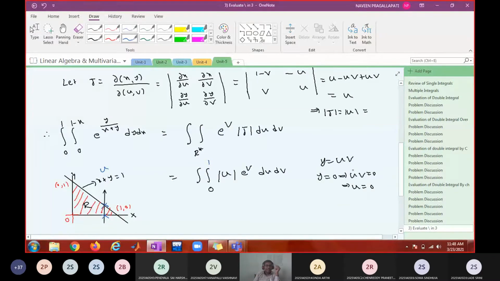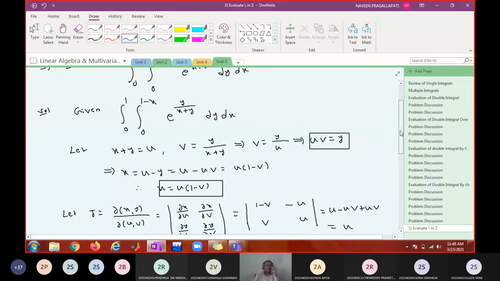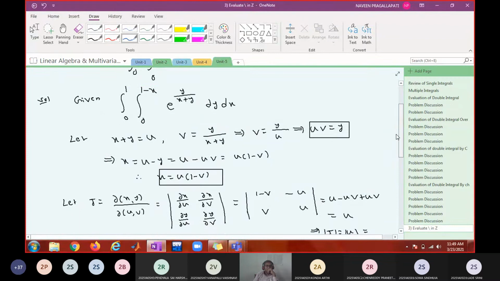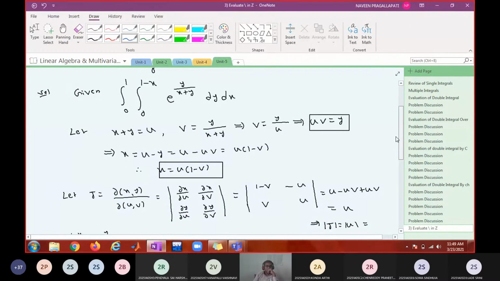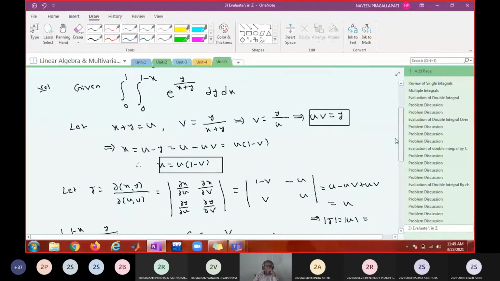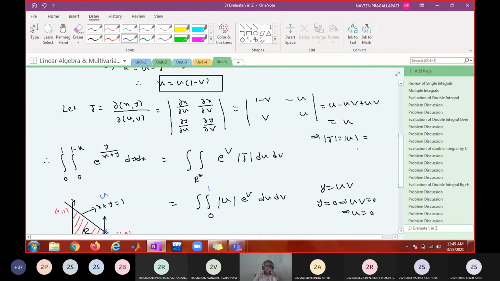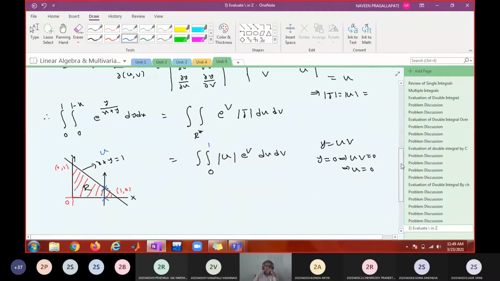Okay, let me write like this. When y equal to 0, okay, y equal to 1. x equal to u into 1 minus v.